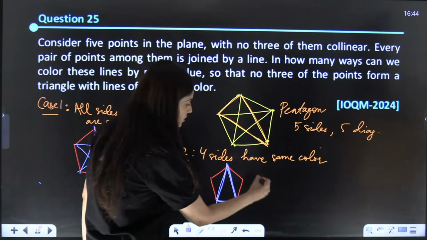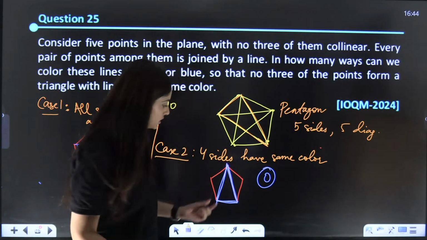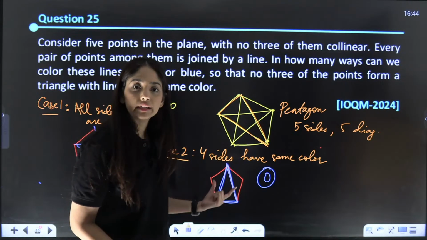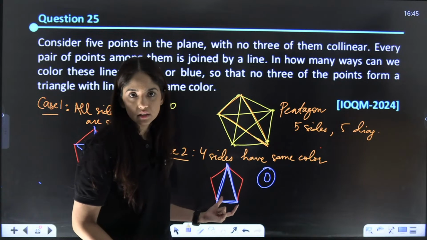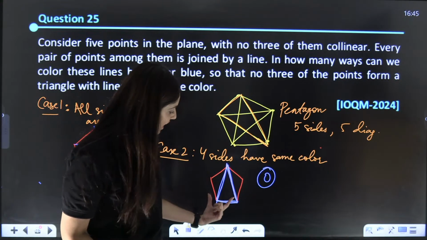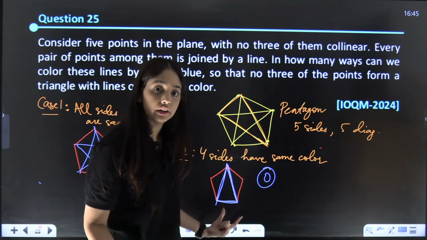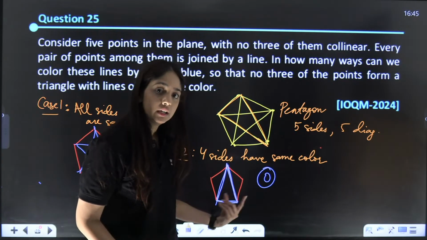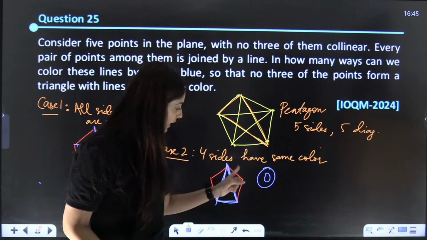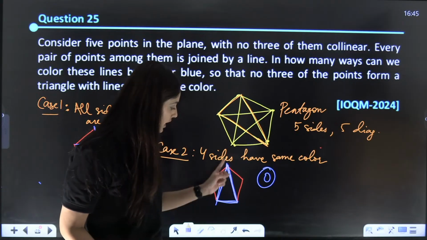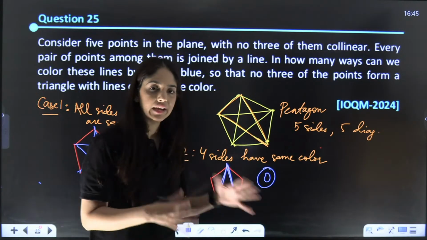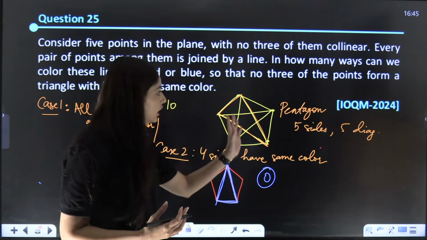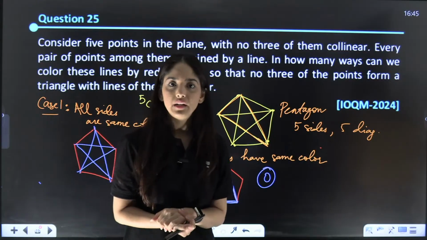So that means we get 0 possible arrangements for this particular case. When we have one side as another color, then this triangle will always be of the same color if we are trying to make sure that these two triangles are not of the same color. So anyway, we cannot have this condition met in this case.